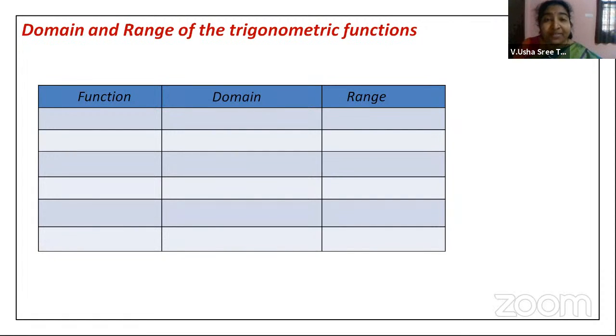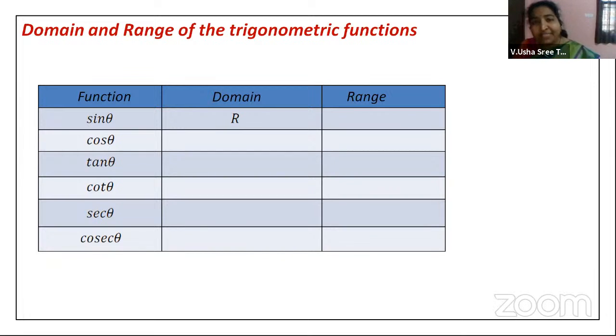So we will try to see what exactly we observed in the graph just now. These are the 6 trigonometric functions we have, children. Sine function, domain is all the real numbers; whatever theta you take, the value lies between minus 1 and 1 only.